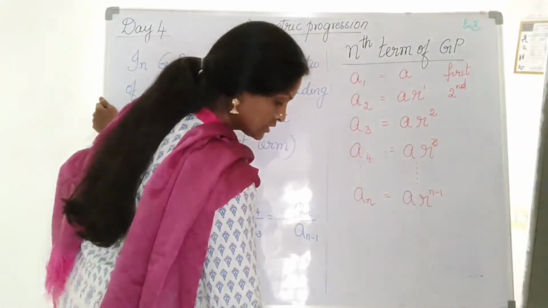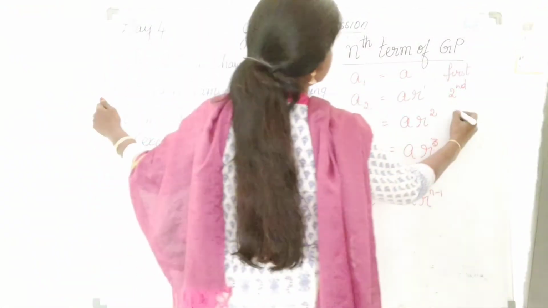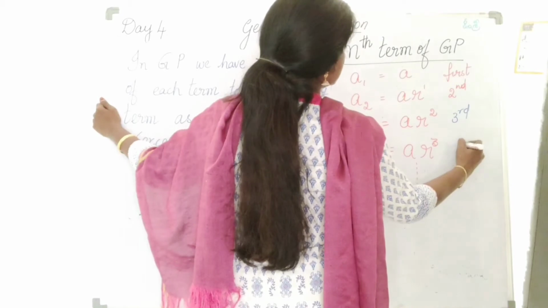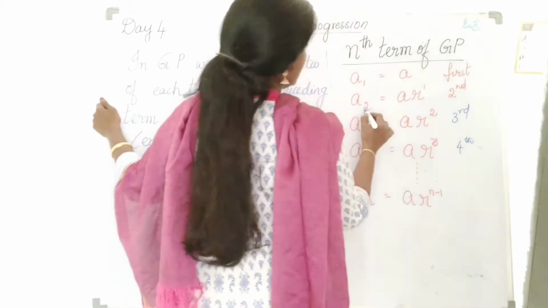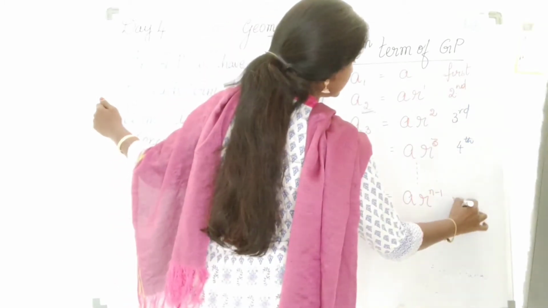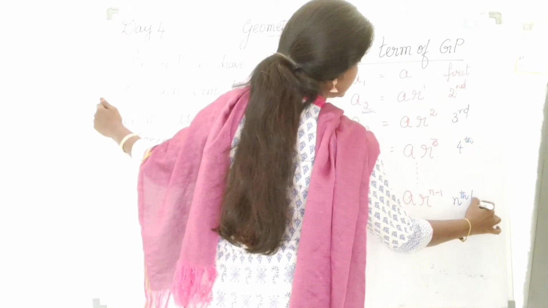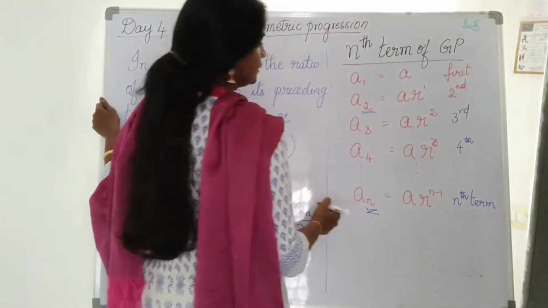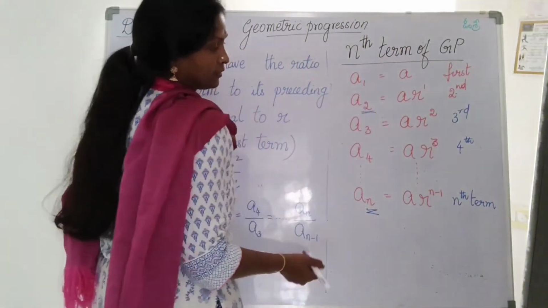Okay, if this is the first term, this is the second term, this is the third term, this is the fourth term, and then this will be the nth term. Nth term of what? Nth term of the GP here.